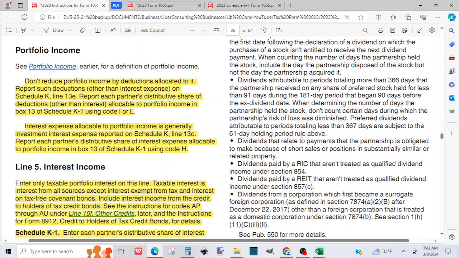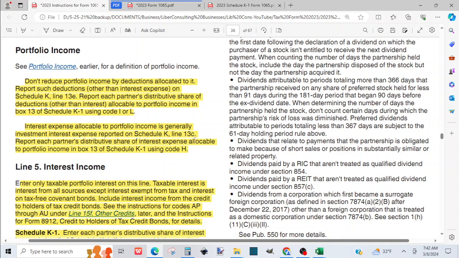So portfolio income, don't reduce portfolio income by deductions allocated to it. So the deduction will go on line 13E of Schedule K. Report each partner's share of that on their Schedule K-1 using code I or L. Interest expenses allocable to portfolio income is generally investment interest expense reported on Schedule K, line 13B.